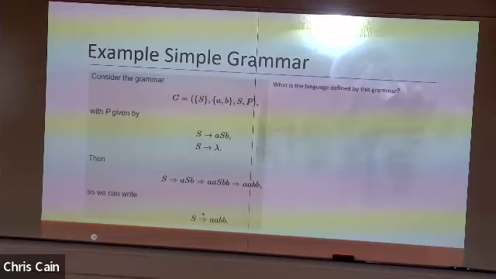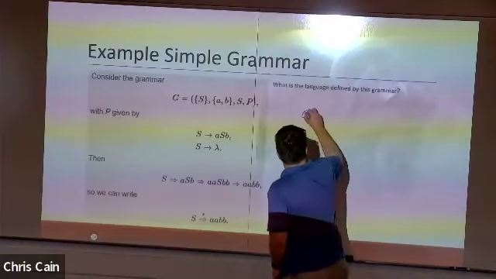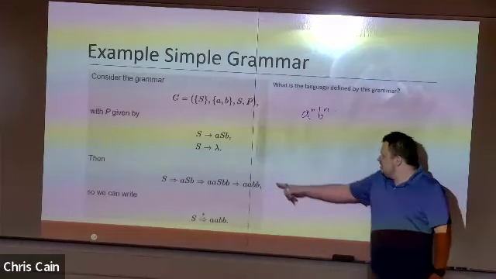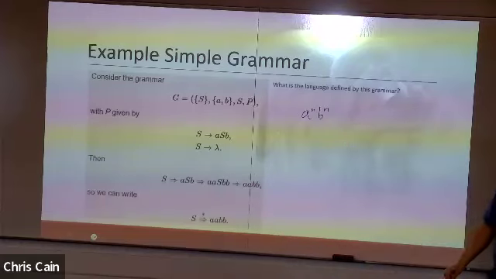What do we think? Would it just be A to the N, B to the N? Yeah. So we've seen this language before, A to the N, B to the N. We could start with just the empty string, so the empty string is in the language.